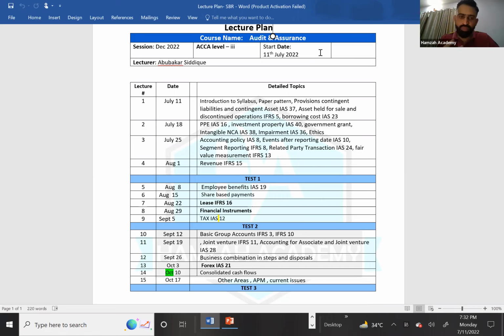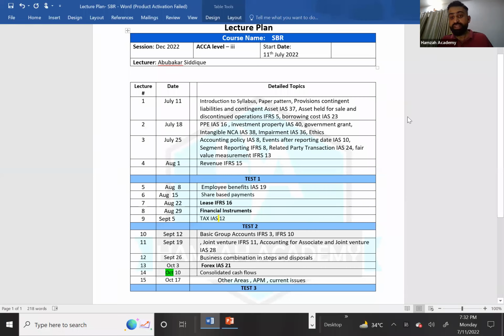Number one. Number two, this paper is not only important at the SBR level, but this paper is also important for your AAA. If you are going to plan AAA in this session and next session, SBR is going to help you a lot because there will be a question based on accounting standards.